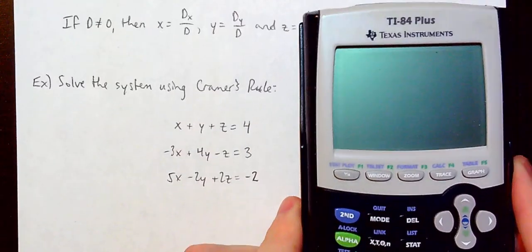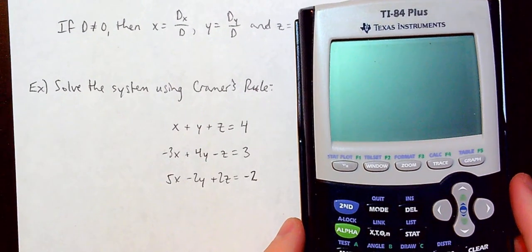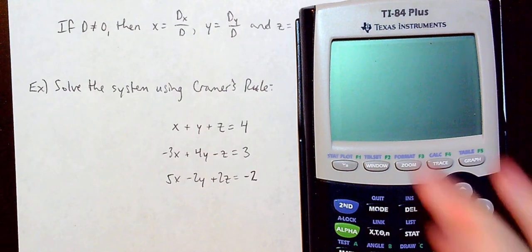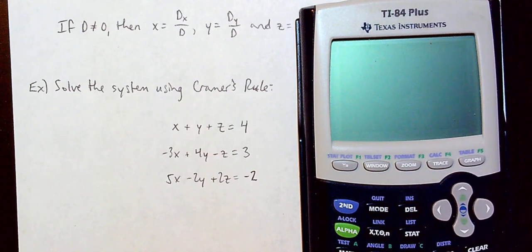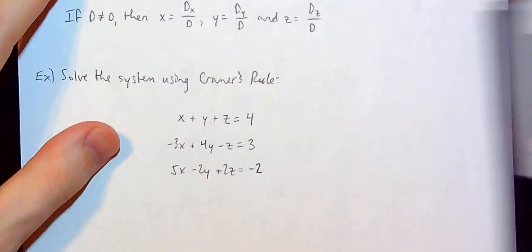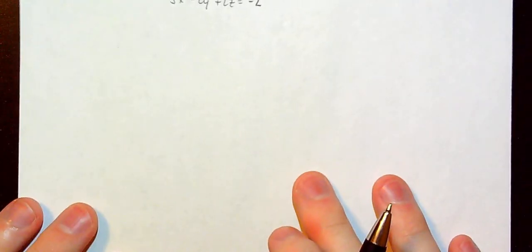It's a lot nastier when we're doing 3 by 3s. So let's just write out what each of our 4 matrices are going to be. Then we'll plug them in here, and we're going to let the calculator do a lot of math for us here.